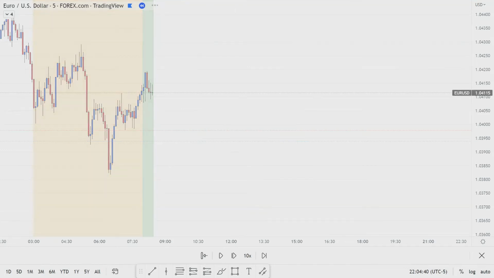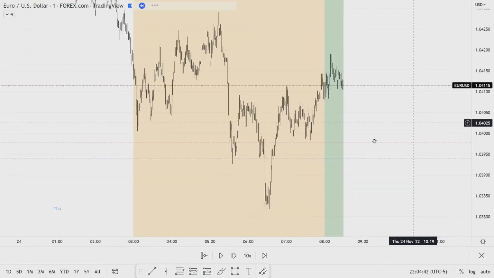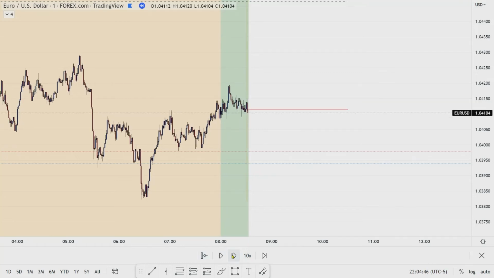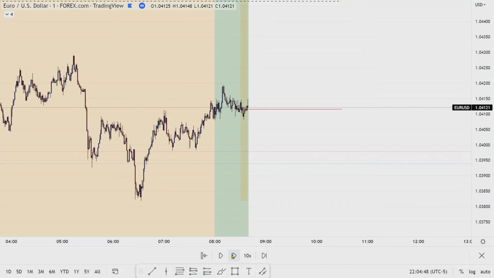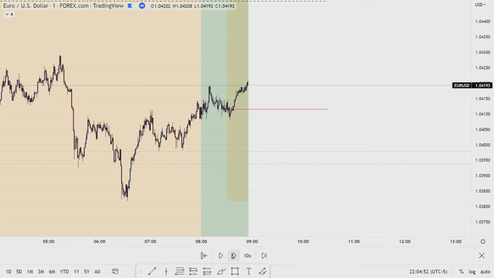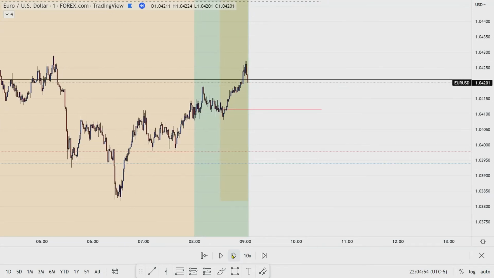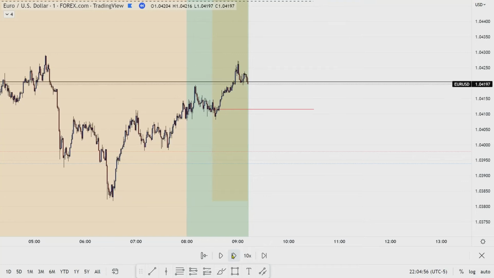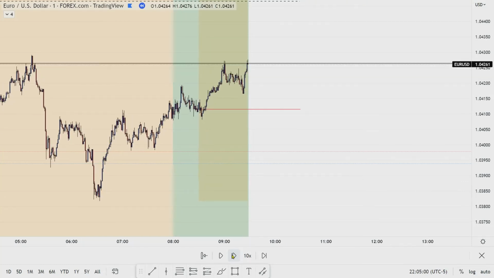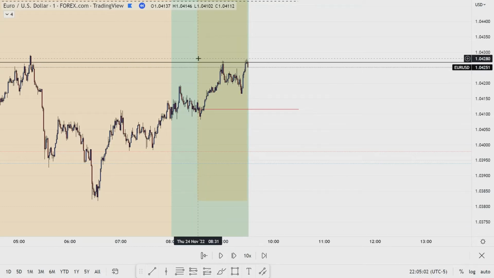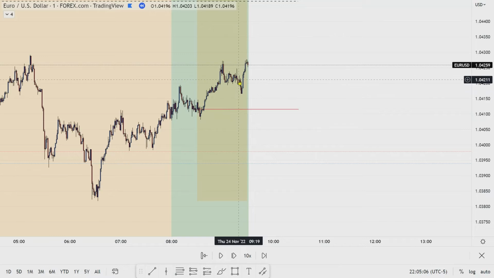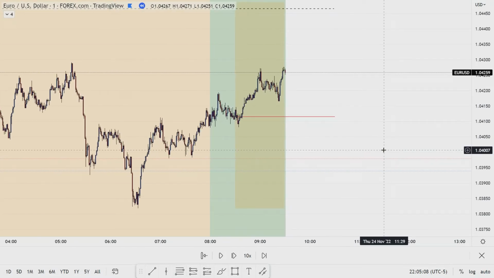So we're gonna start playing that data, and we're gonna just see how price plays out in that New York morning session. So as we can see, price goes into a premium market. This is 8:30 opening. Price is above 8:30 opening, so we're in that premium market.